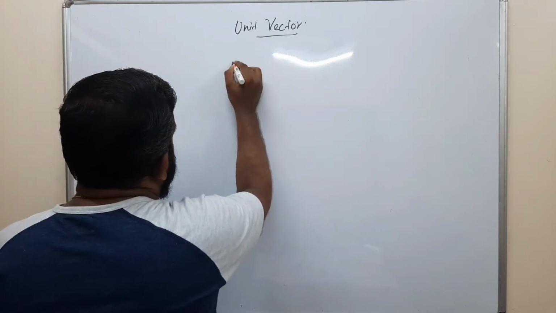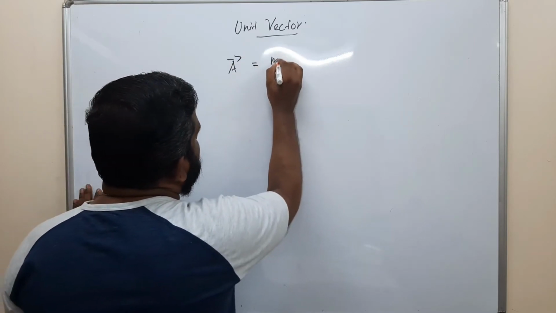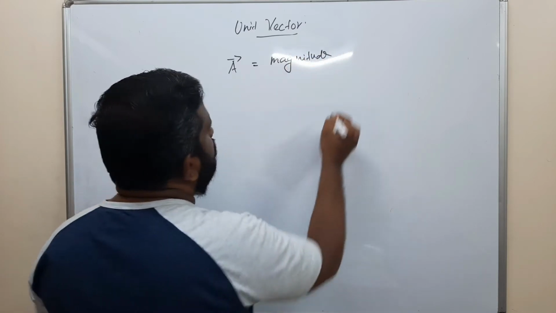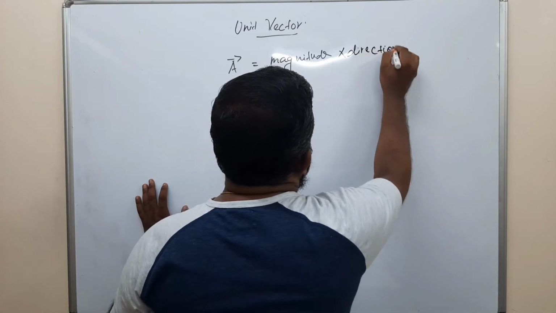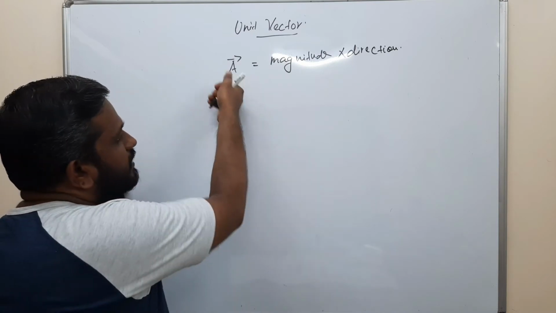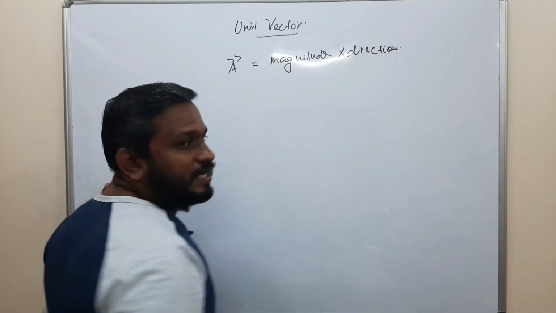Suppose a vector A. We can write vector A is equal to magnitude into direction. A vector means it has a magnitude and it has a direction.